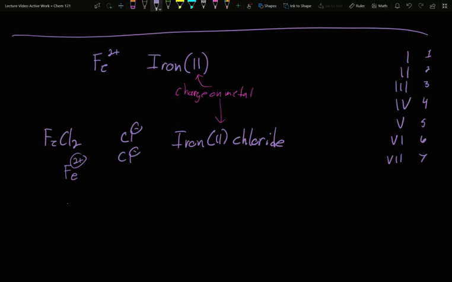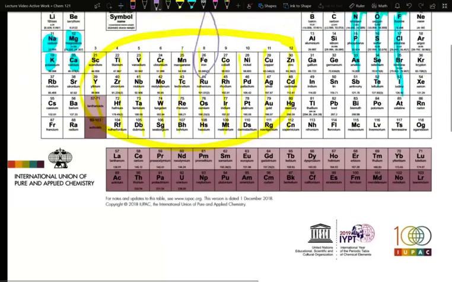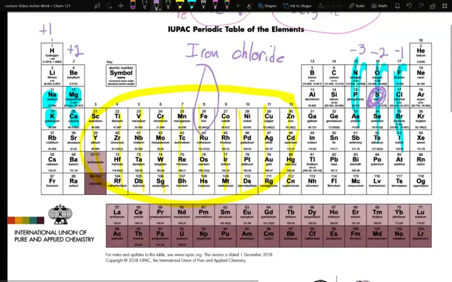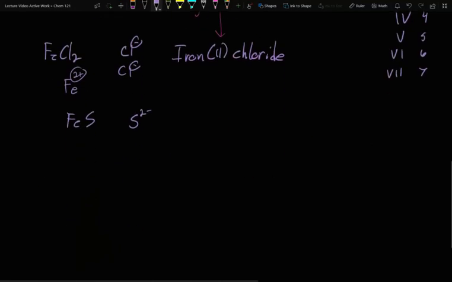Because if we had FeS, well, a sulfur, if it's an anion, we expect to be 2-. If we go back and look at the periodic table, sulfur is in the column here with oxygen. We expect all the anions to be 2- in that column. So our sulfur should be 2-.